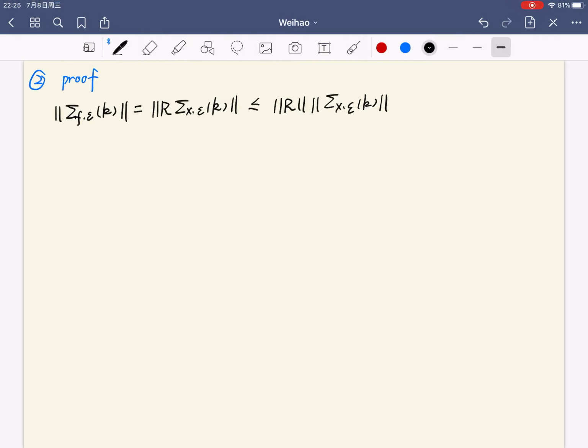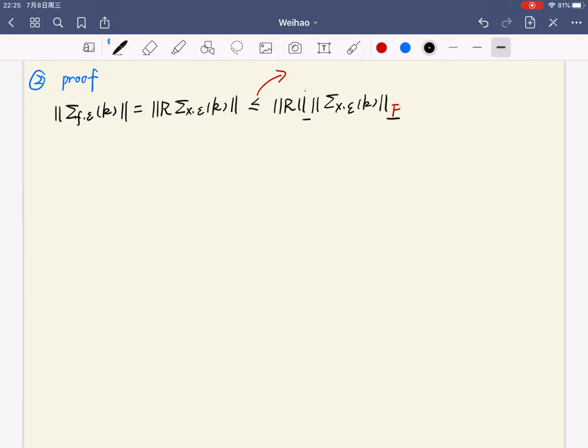Notice that we use operator norm here, but the operator norm is less than or equal to the Frobenius norm. So for this inequality, we can change the operator norm to the Frobenius norm.